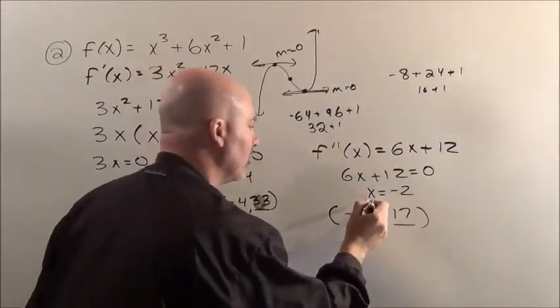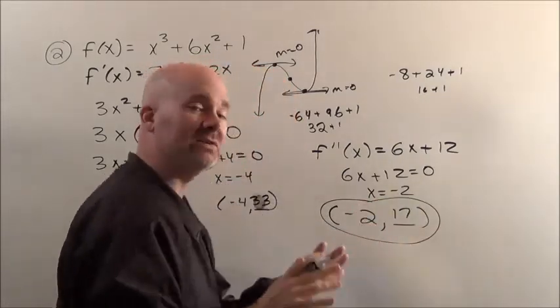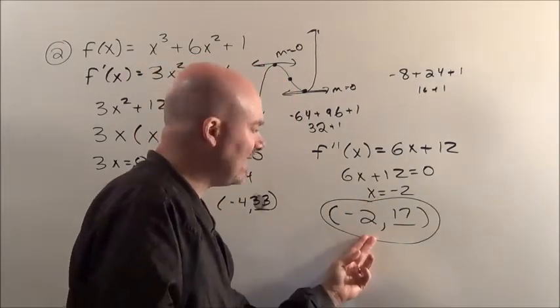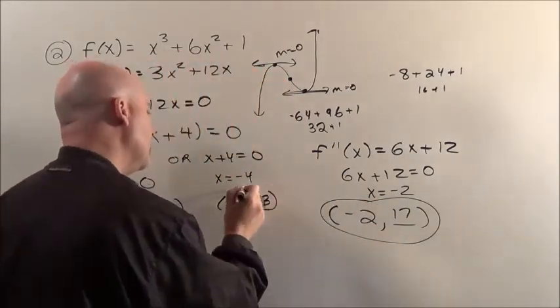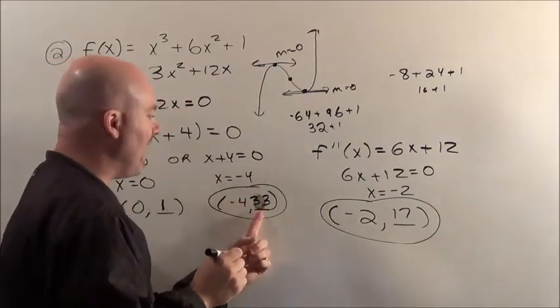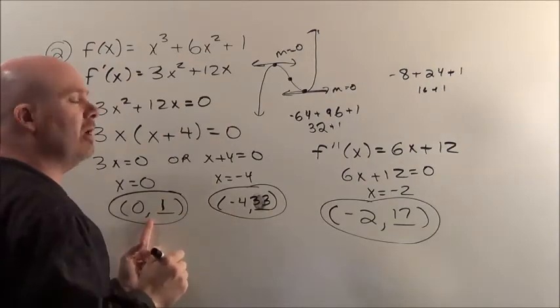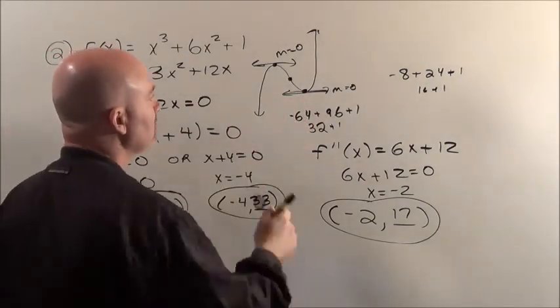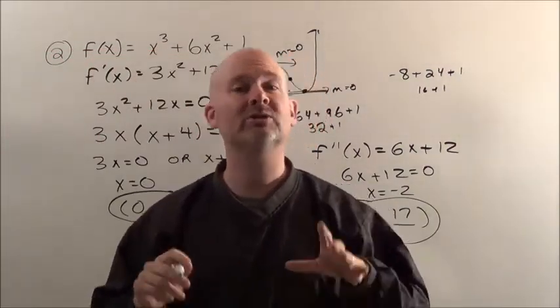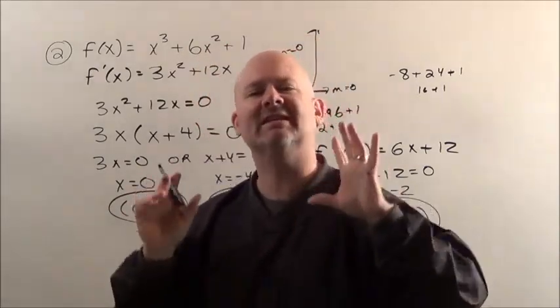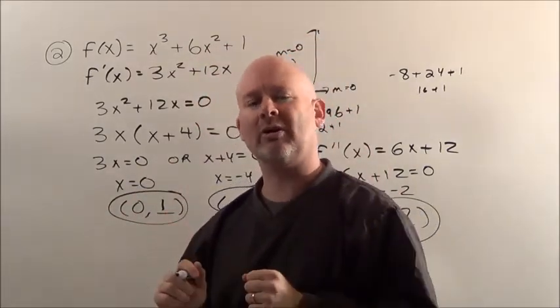So here are our 3 critical points. I didn't ask what they were, but we will know. That guy is our point of inflection. There's another critical point, which is the highest point, so that's our relative maximum. And finally, this guy is our relative minimum right here. So we actually can identify where those points are if we wanted, but I didn't ask you. I just said, give me the 3 points that are critical points.